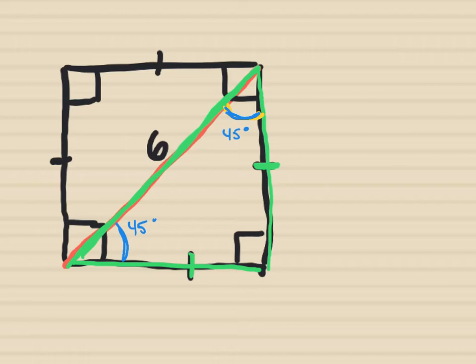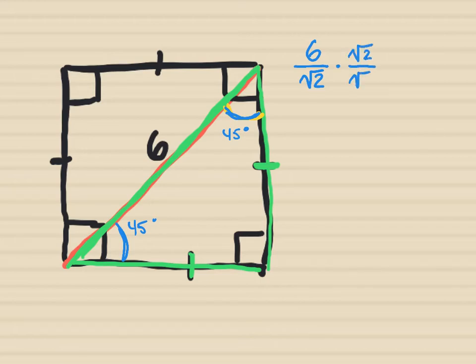So you do 6 divided by the square root of 2? Beautiful. Remember, in a 45, 45, 90 right triangle, you take the leg and multiply by the square root of 2 to get to the hypotenuse, but we're going back from the hypotenuse, so we need to divide by the square root of 2. And then you multiply by the square root of 2 over the square root of 2.